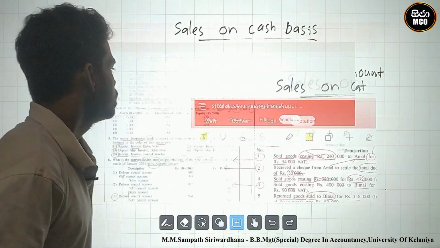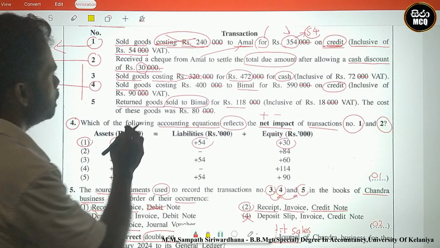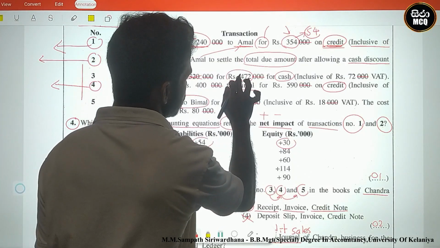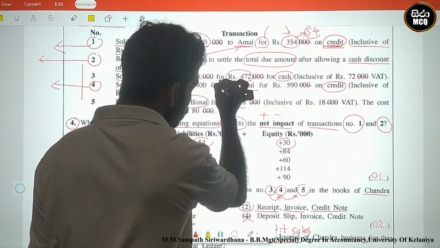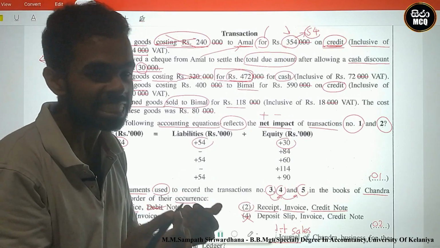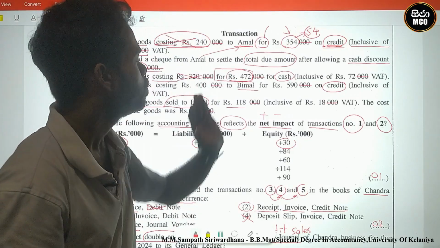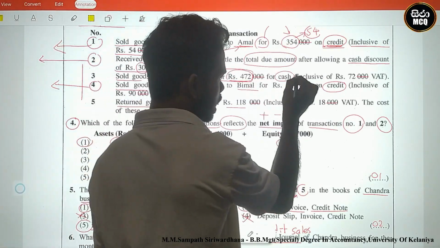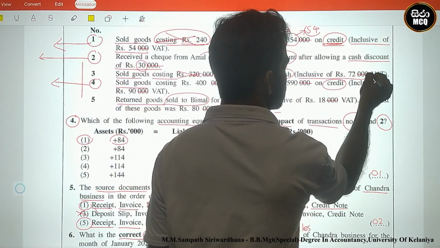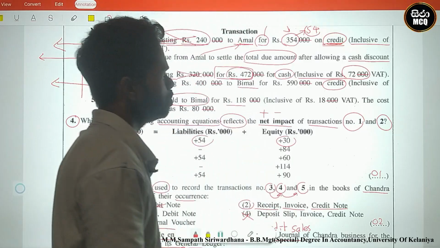Look here, the selling price. Sold goods costing 320, ignore this. 472 means this is the selling price. 472 on cash, inclusive of 72,000 VAT.